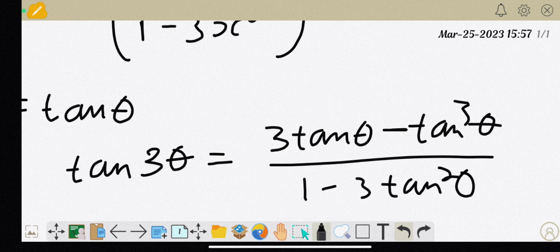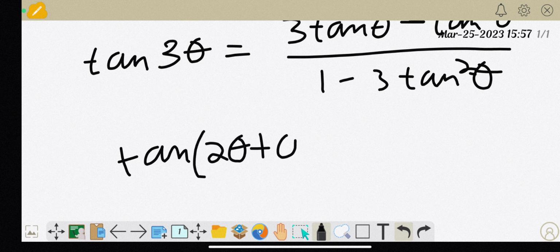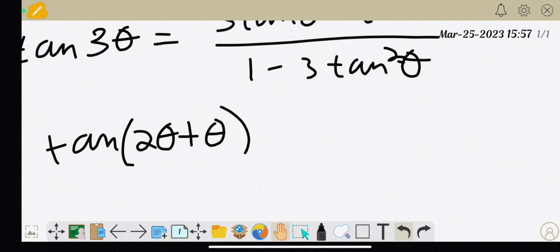Correct. So in your first PU you have studied this and you know how to derive it also, right? So tan 3 theta, how can you derive? Tan of 2 theta plus theta. Then tan of x plus y formula you have to use.